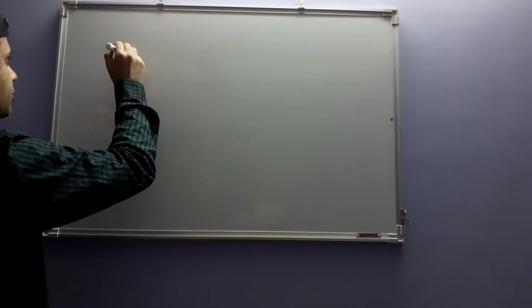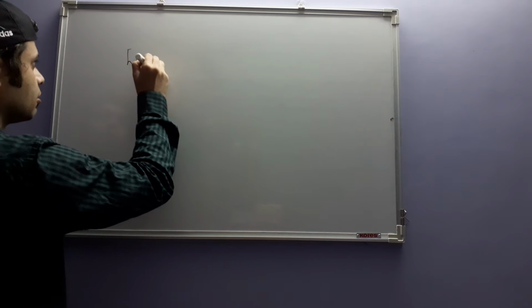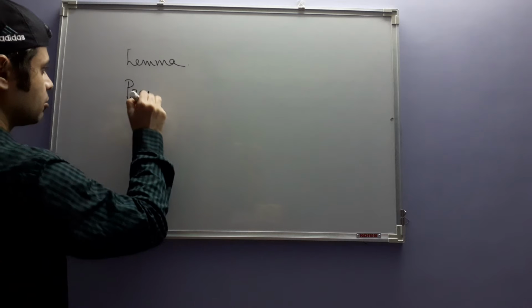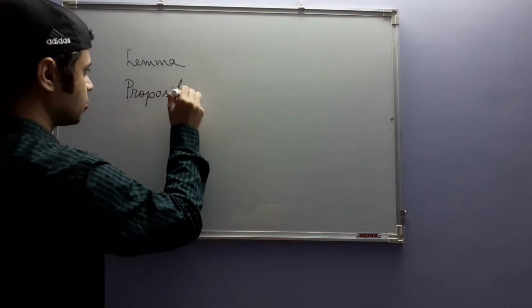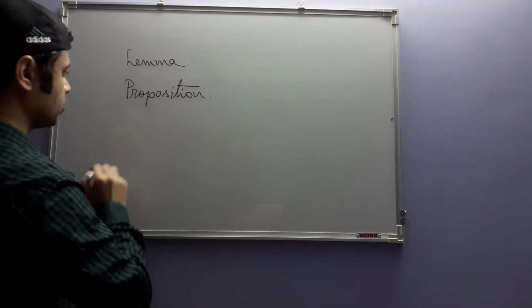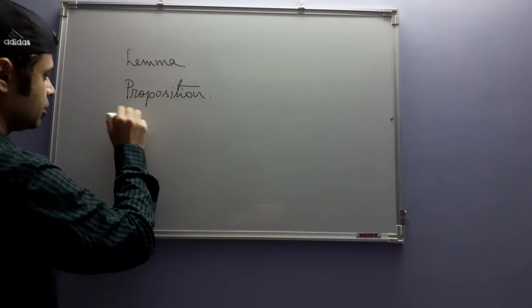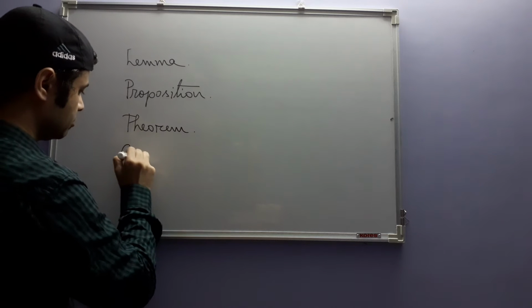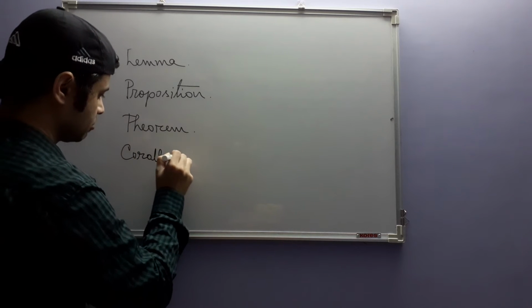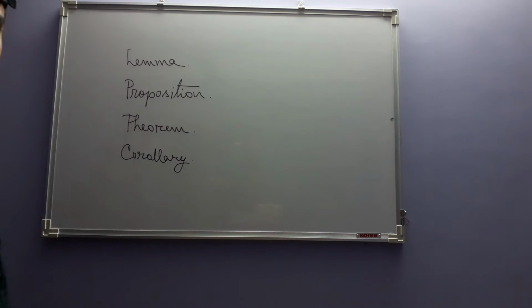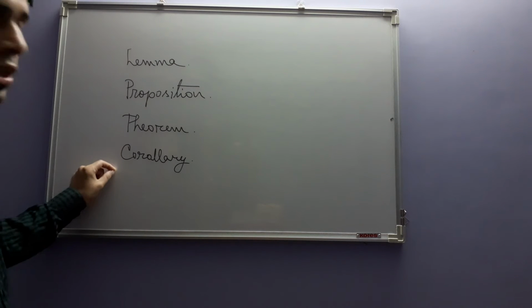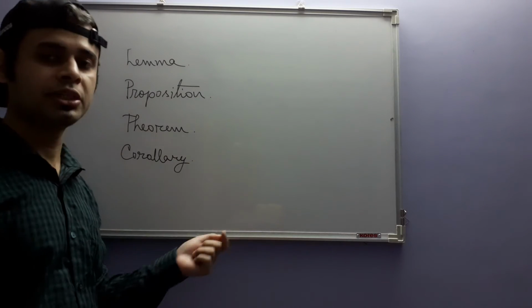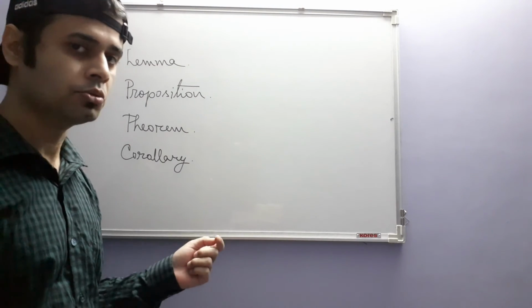You may have come across these terms: lemma, proposition, then theorem, corollary. All of them are mathematical results. All of them are mathematical statements that are true.